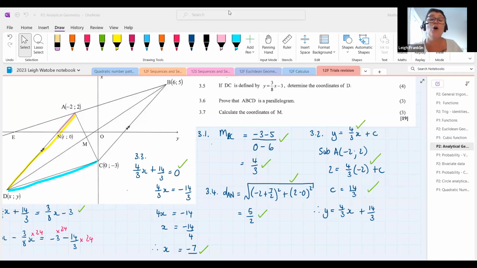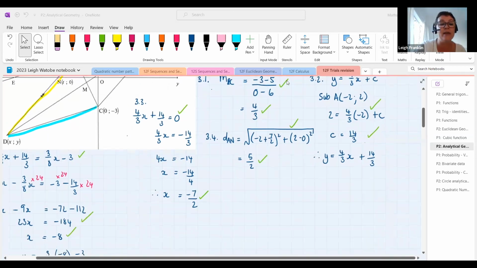Absolutely, because then you've got two pairs of opposite sides that would be parallel. So that's also fine. There'd be more than one way of doing it in this case. Probably easier to work with gradient formula rather than distance formula. Now that we know what the coordinates of DC are, it makes life a whole bunch easier for us.